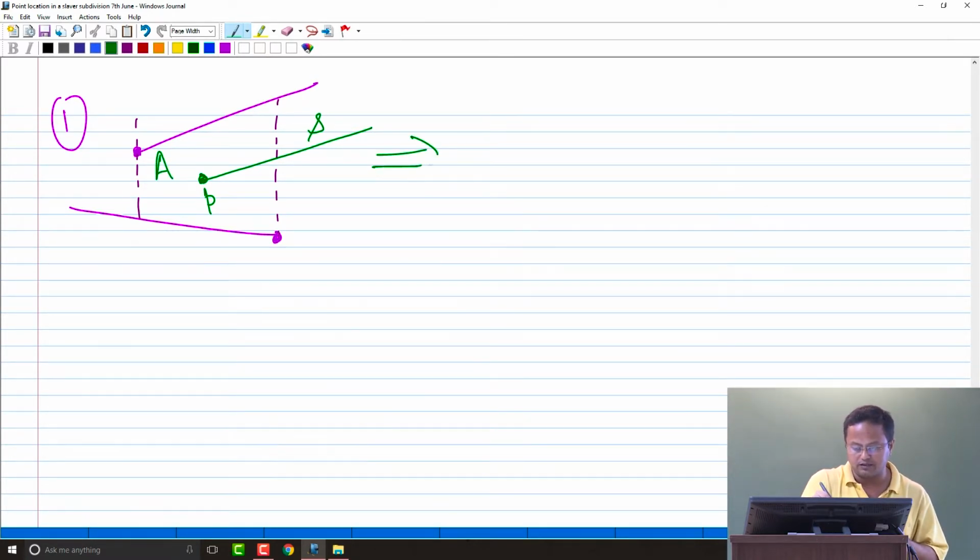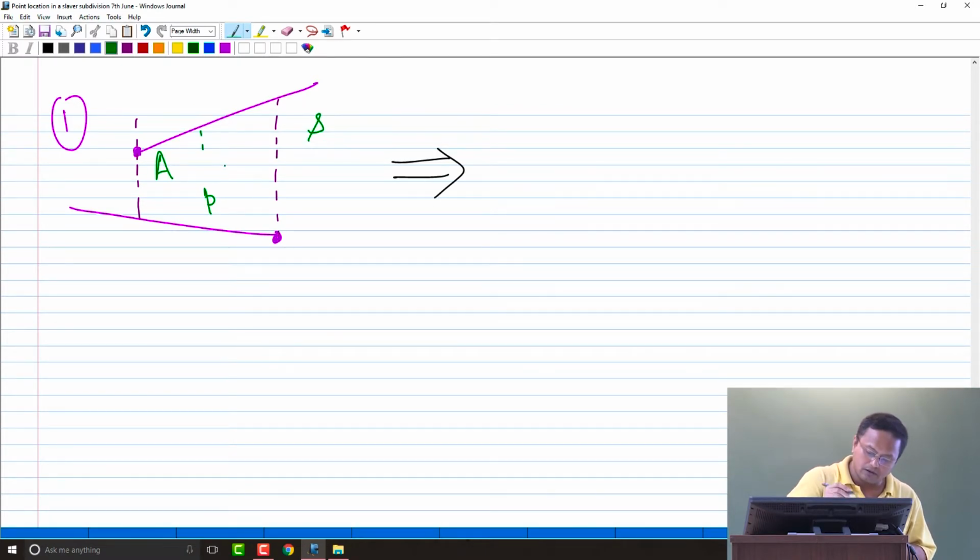So, what is your change in the structure? So, the change in the structure is this.